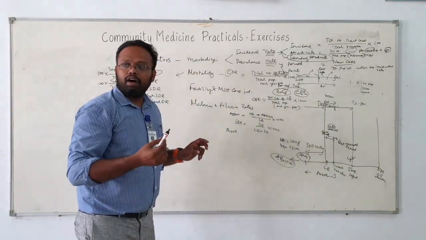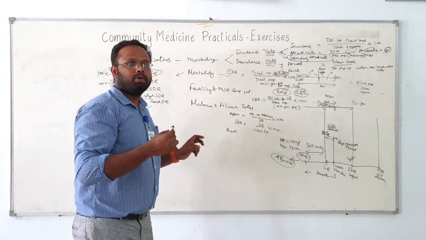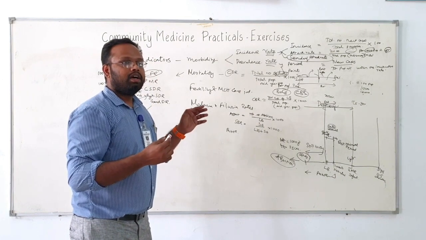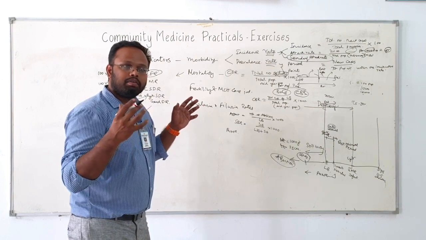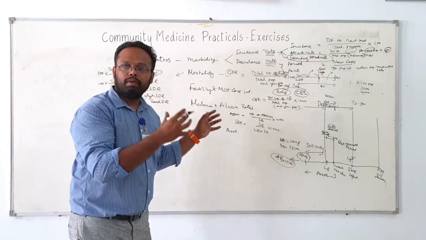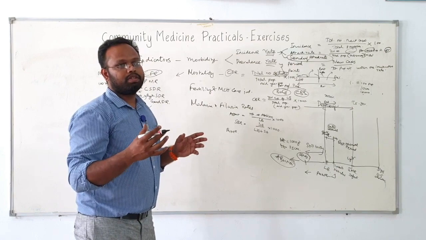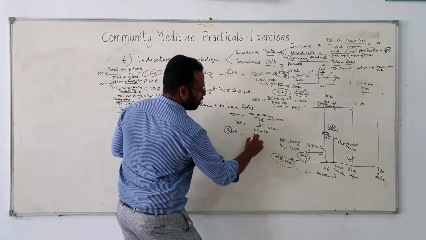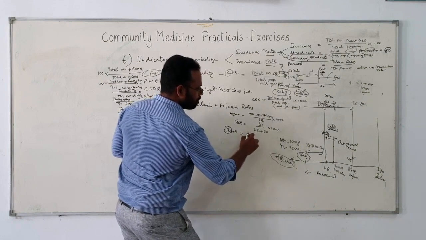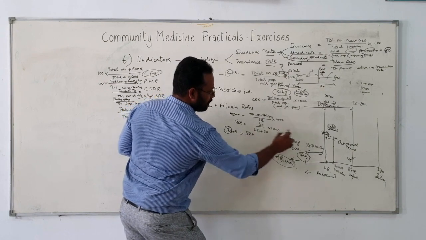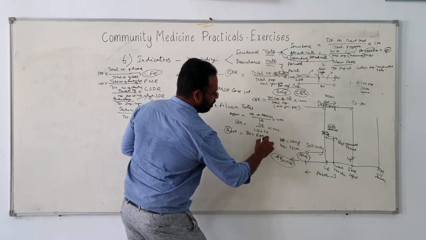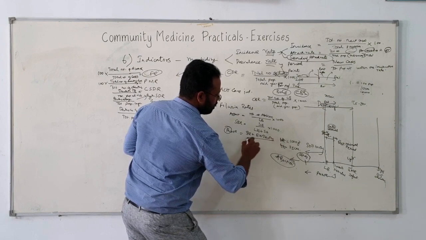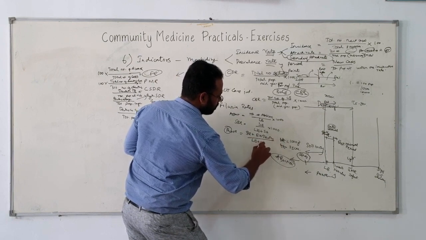Any change in the perinatal mortality rate indicates how the pediatric and obstetric departments of healthcare delivery are going. So the numerator will be stillbirths plus early neonatal deaths, divided by live births plus stillbirths into 1000.